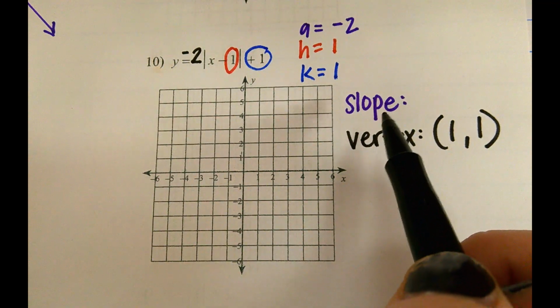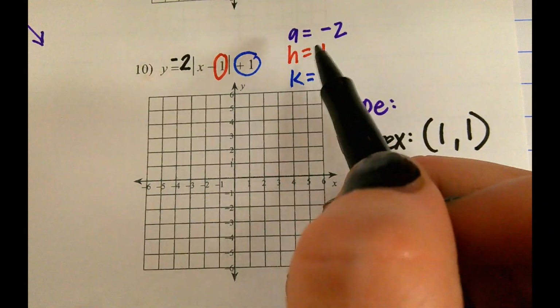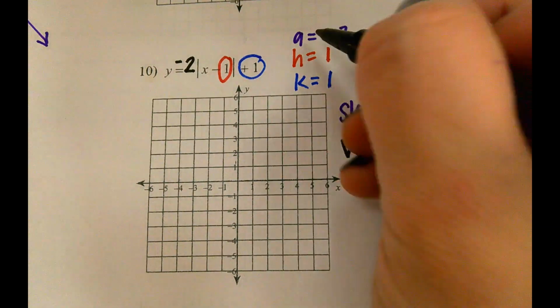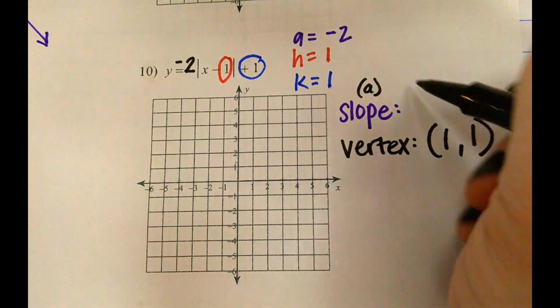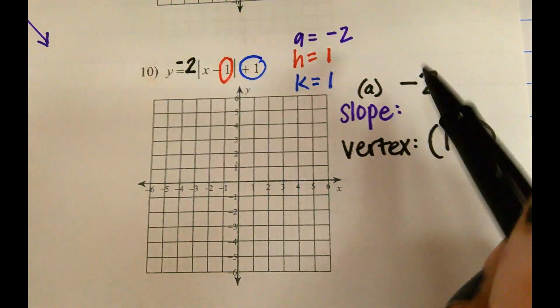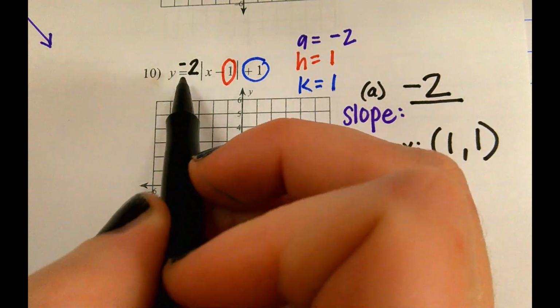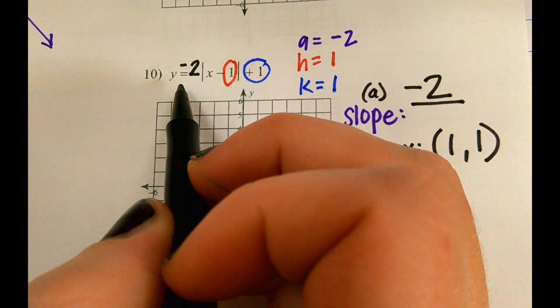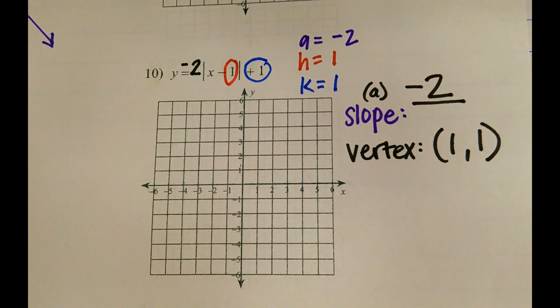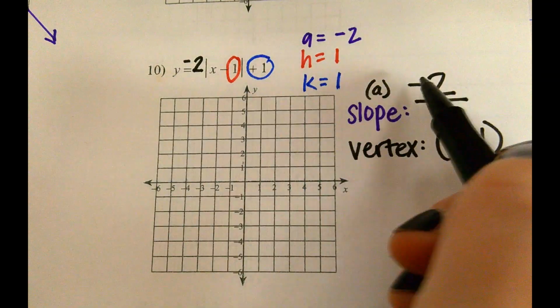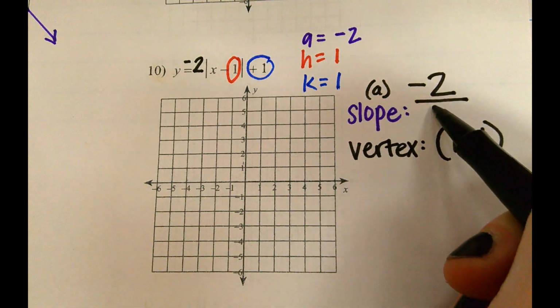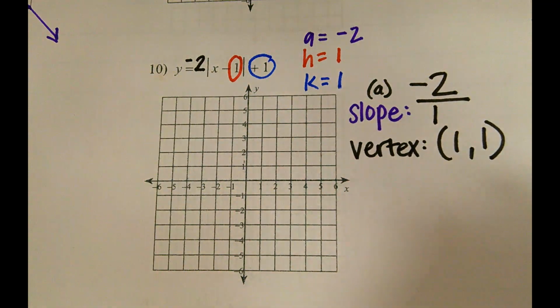Okay, so slope. Remember, our slope is A, and A is -2 over 1. Anytime we have a whole number, if it's not a fraction, we need a fraction, because the top of the fraction gives us the rise, the bottom gives us the run. So if there's no fraction, we just put 1 for the run.